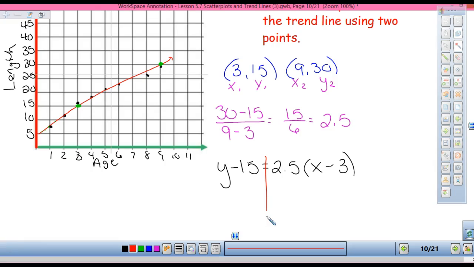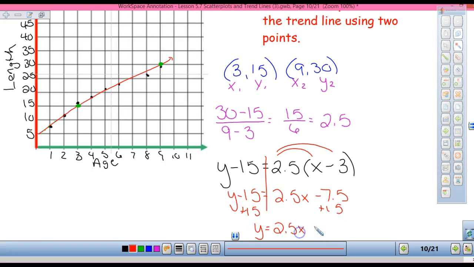Not plus 15. Distribute. y minus 15 equals 2.5x minus what? Minus 7.5. And then we will add our 15. So y equals 2.5x plus 7.5, yep.